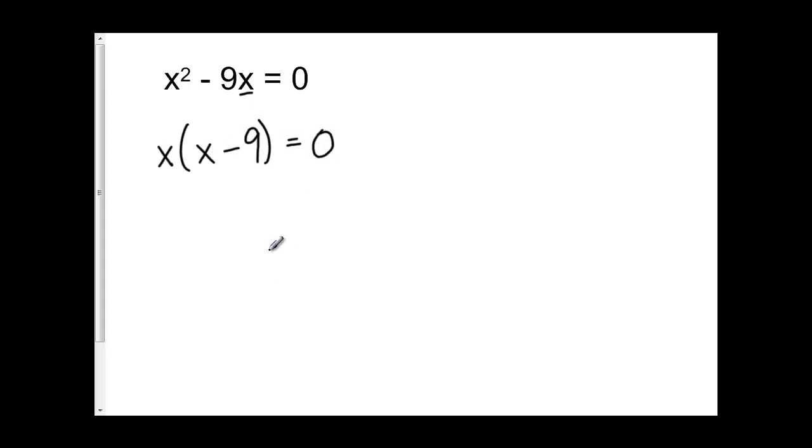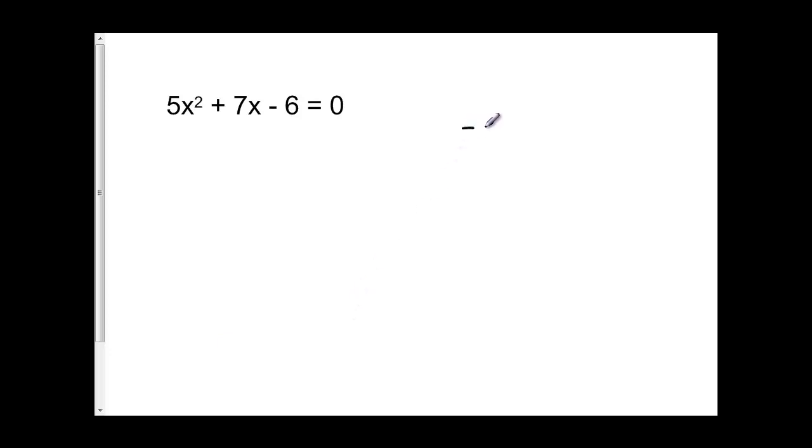Because that equals 0, the only way to make this x in the front equal to 0 is to actually have it equal to 0. So one of our solutions for this is going to be x equals 0. The second solution is going to be the solution that makes our second term equal to 0. And since we know 9 minus 9 equals 0, our second solution is going to be positive 9. So our two solutions to the equation x squared minus 9x are 0 and also positive 9.